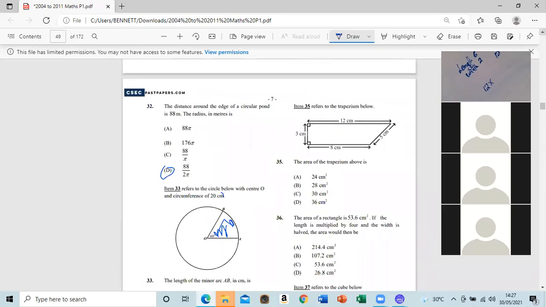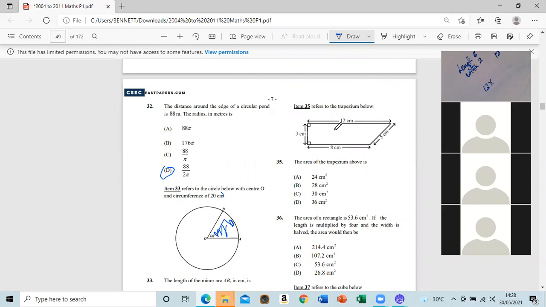What is the area of the trapezium? What will be the area of this trapezium, guys? Wouldn't it be 8 plus 12?